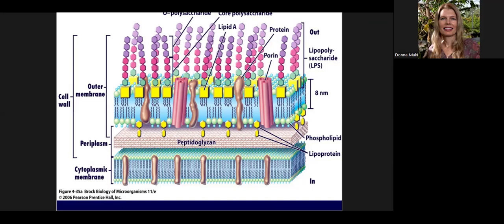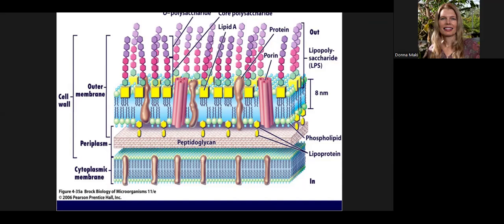This outer portion of the outer membrane is very different. And that's where you see the lipopolysaccharide, the LPS. So these different colored hexagons like that are again the sugar derivatives that we'll be talking about.